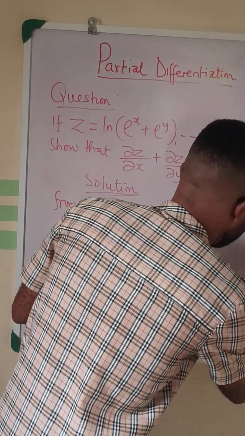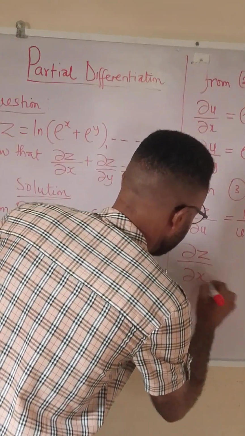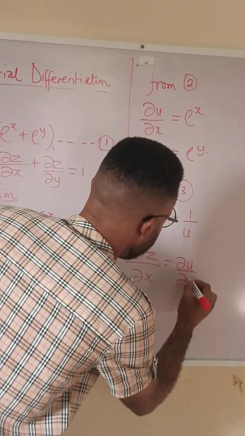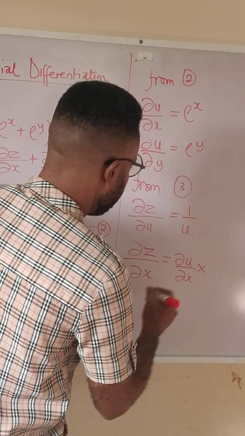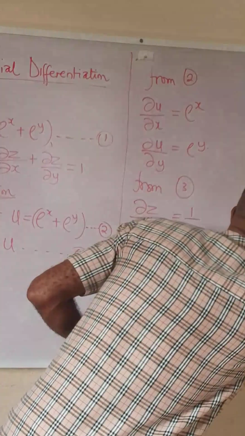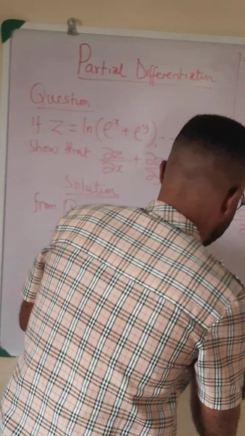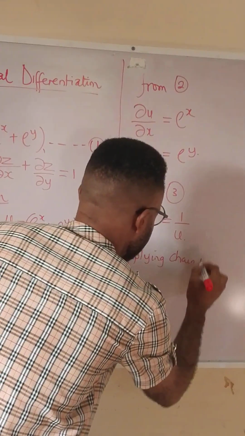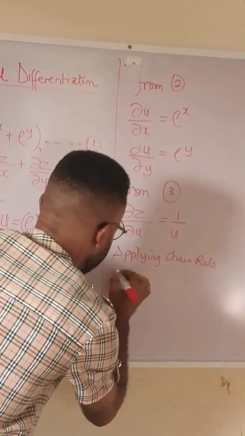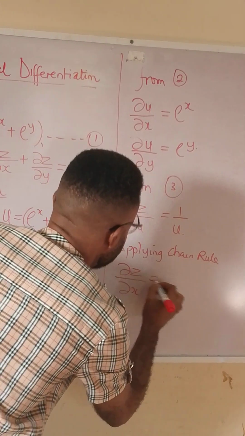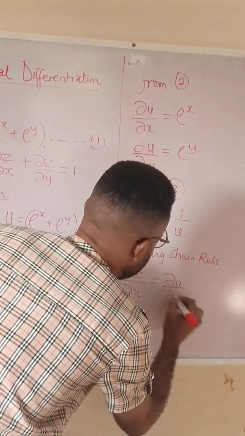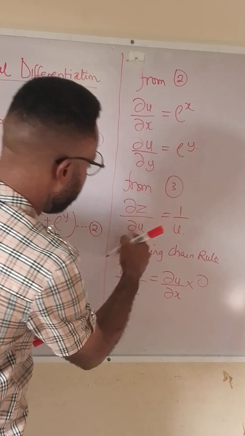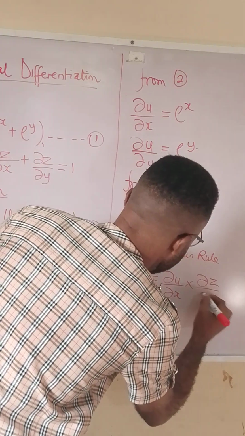So the partial derivative of z with respect to x will be equal to, applying the chain rule to find it, the partial derivative of u with respect to x times the partial derivative of z with respect to u.